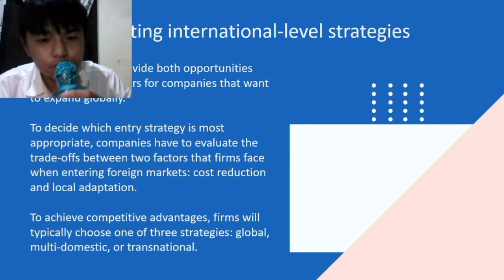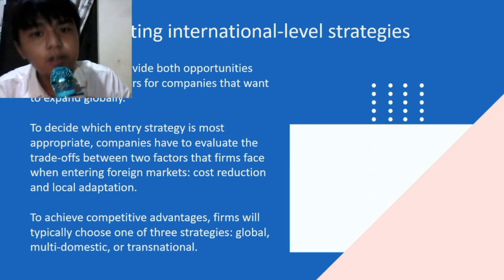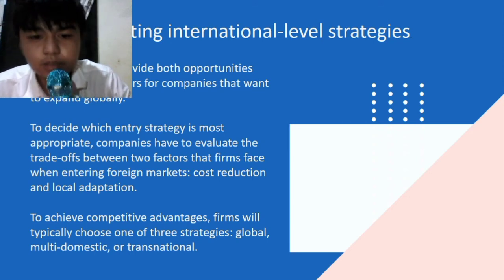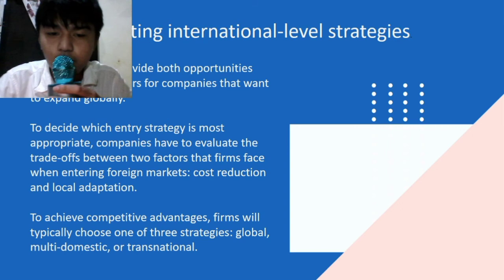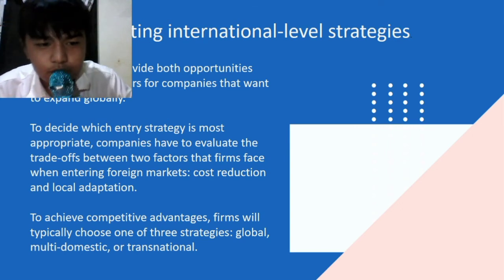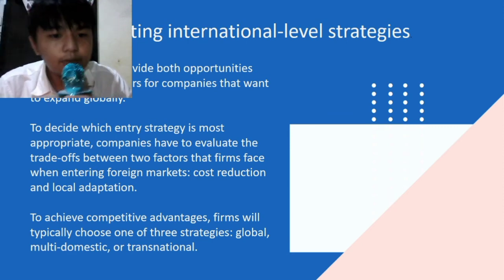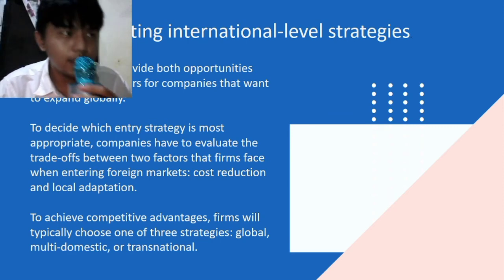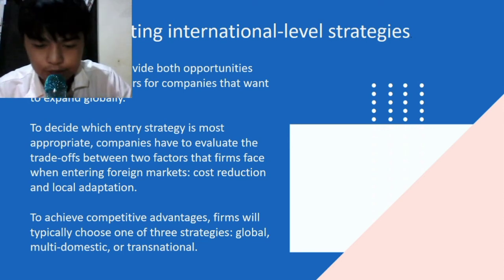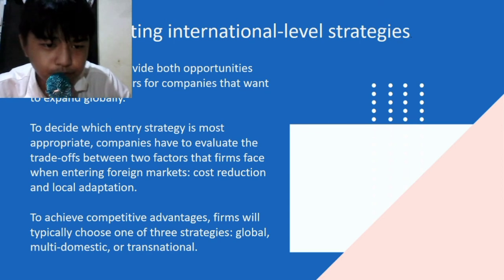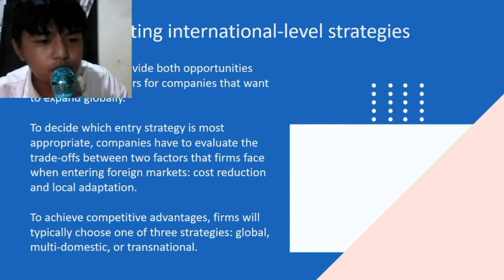Because most businesses that go international will meet different environmental costs than what they are used to in the local setting. So for example, if there's a fast food, the raw materials of the food will have a different cost than what they inherently have in the local setting. So that's one of the considerations.